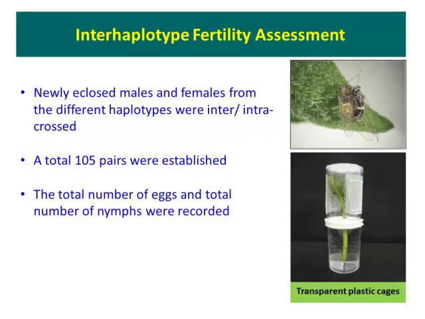So we established a total of 105 pairs for these inter- and intra-haplotype crosses. For those established pairs, we determined the total number of eggs and how many eggs hatched.